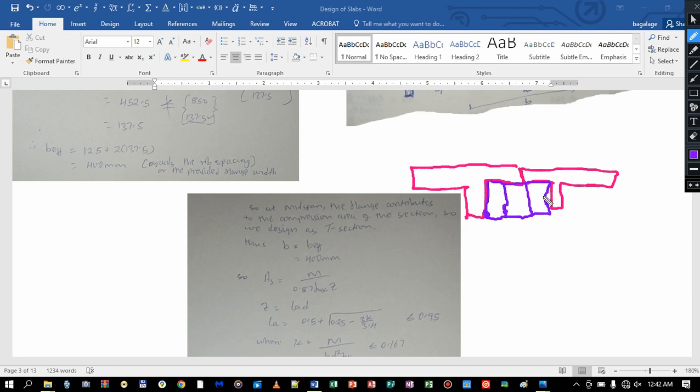So instead of designing our rib as a rectangular section, in the real sense, part of this topping acts with the rib to boost the compressive strength of the section.